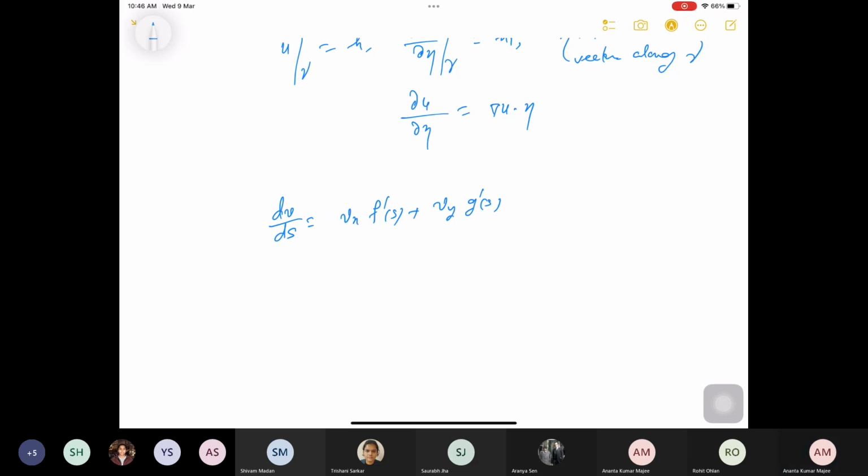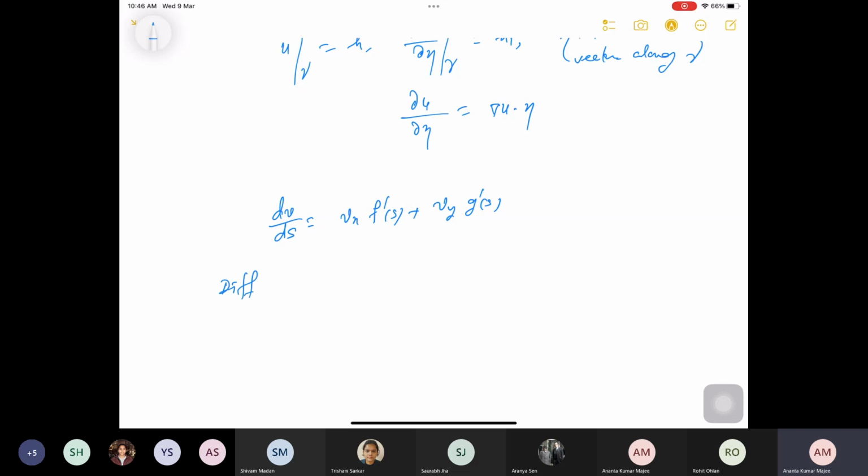So how to find out these things? Because if you differentiate my function v of f of s and g of s with respect to s, then we have h prime of s, which is equal to phi of s f prime of s.